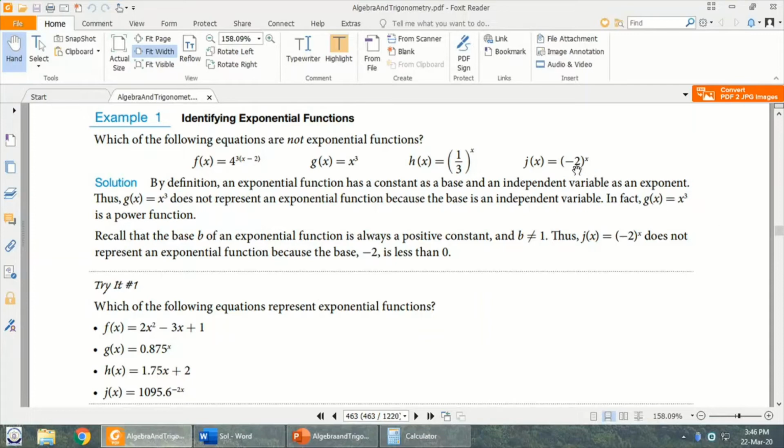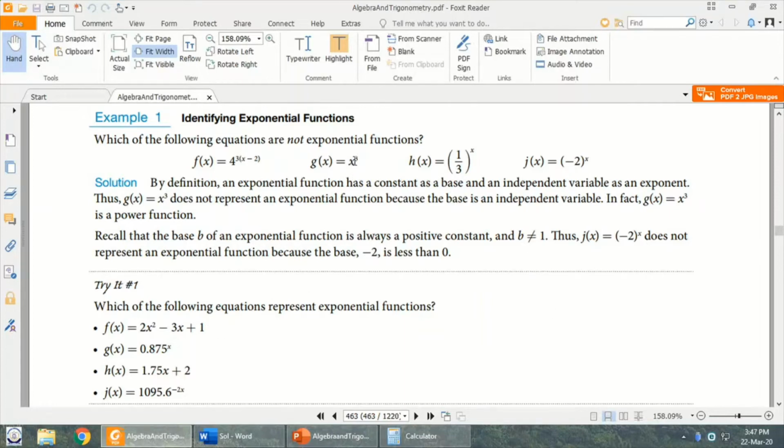Like I said, b cannot be negative. In this case, you see that j(x) does not represent an exponential function because the base is -2, which is less than 0, and like I said, the base cannot be less than 0. And in this case, it is 1/3. It can be a fraction, which could represent a decay, but it is raised to power x, so it is good for us.